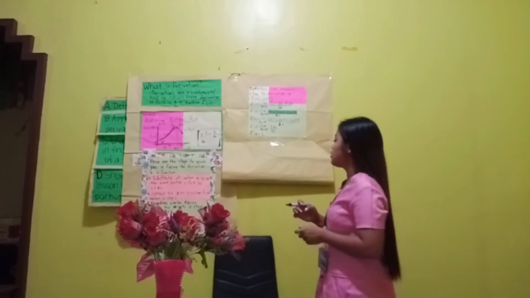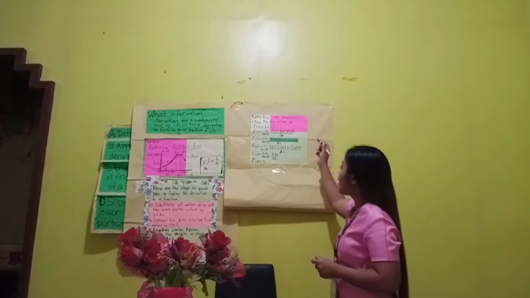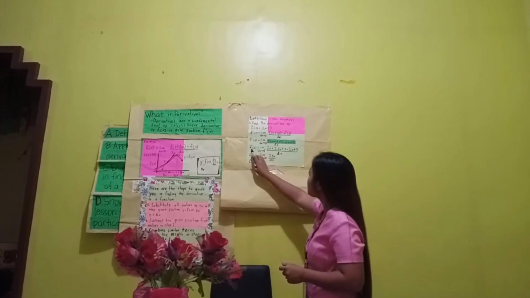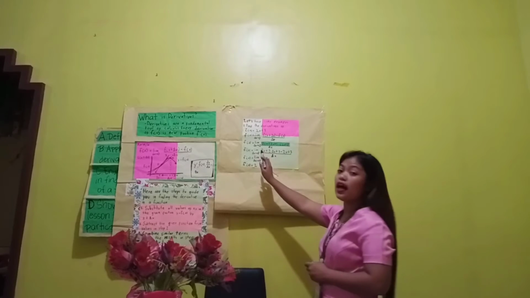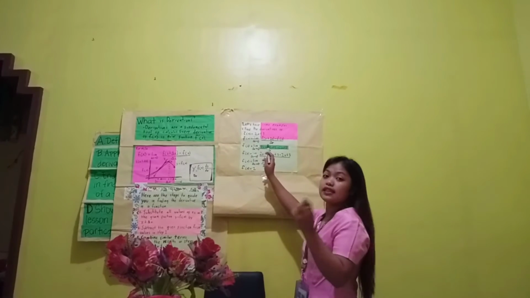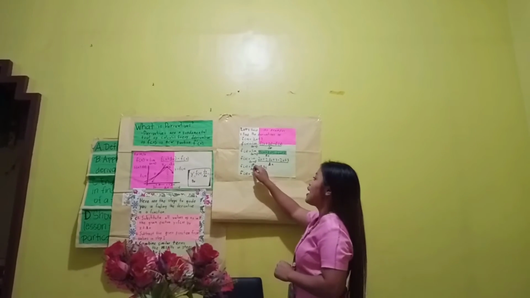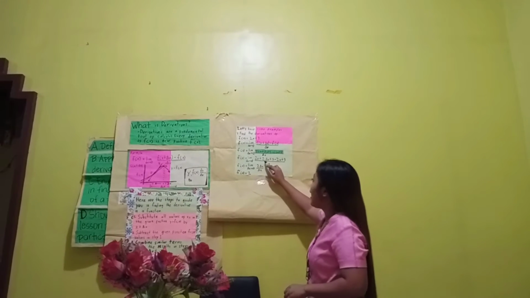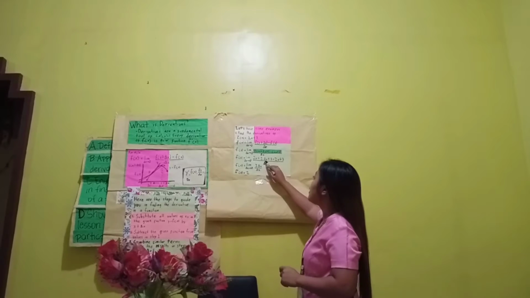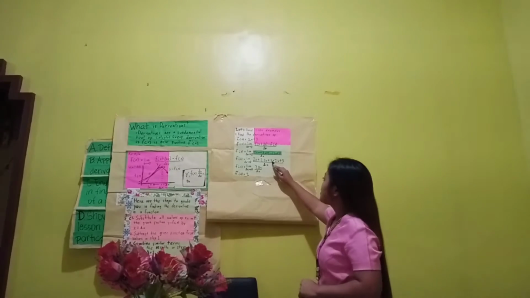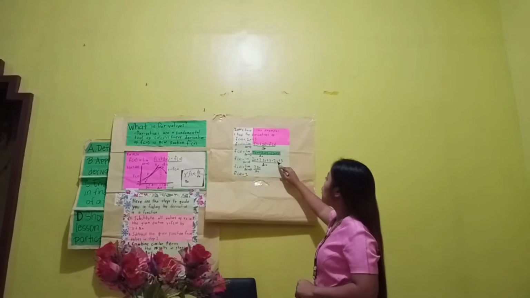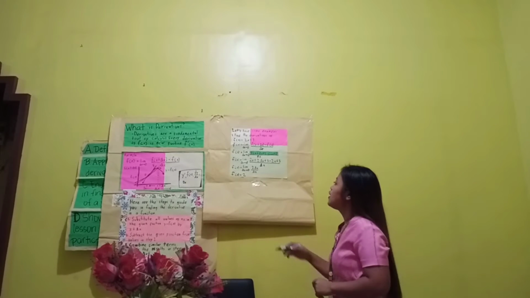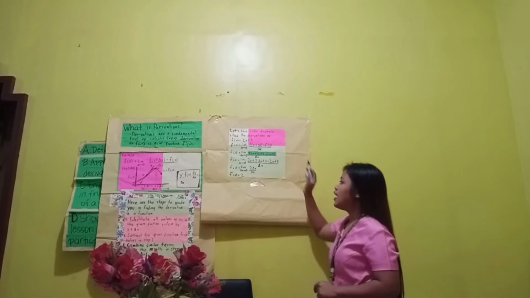So next, let's subtract the given function from the value in step 1. So let's subtract. f prime of x equals the limit as delta x approaches 0 of 2x plus 2 delta x plus 3 minus 2x plus 3 over delta x.